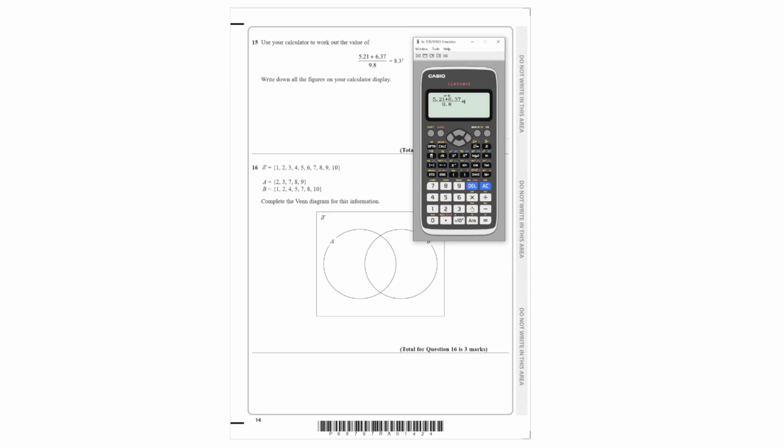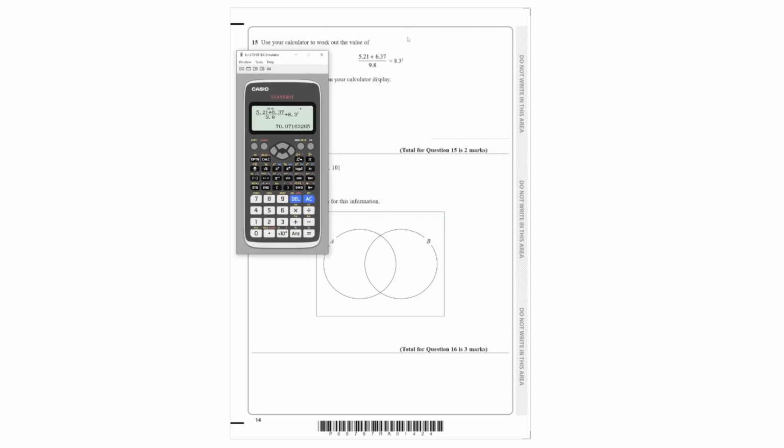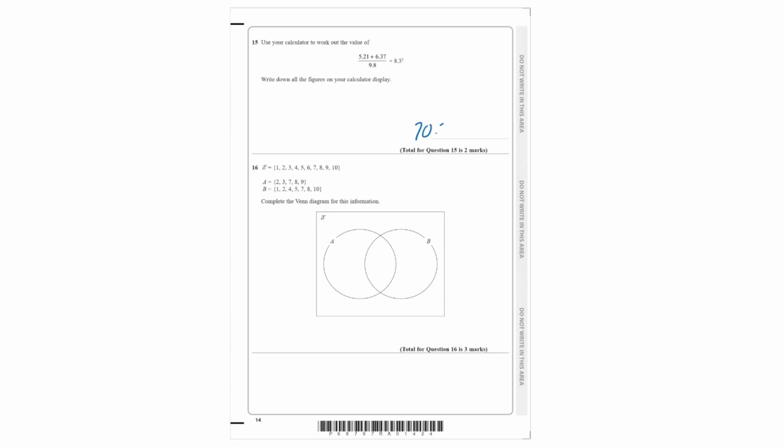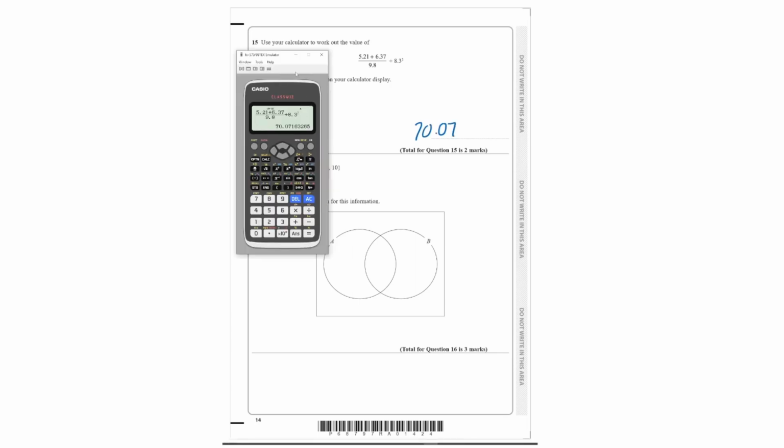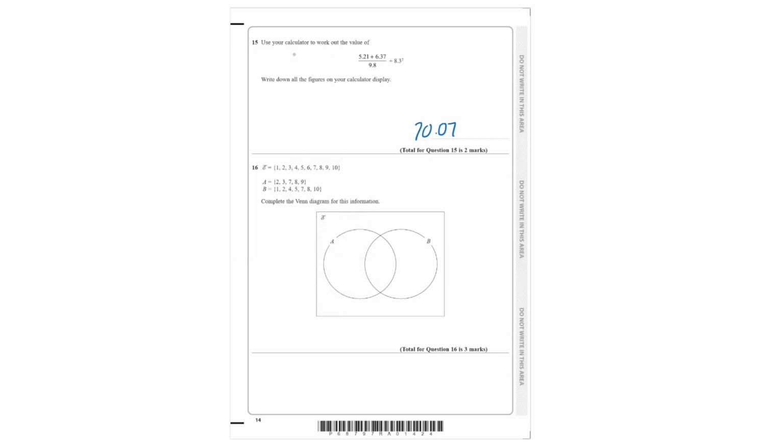And we add 8.3 squared. We get 70.07, 1632, 16325.